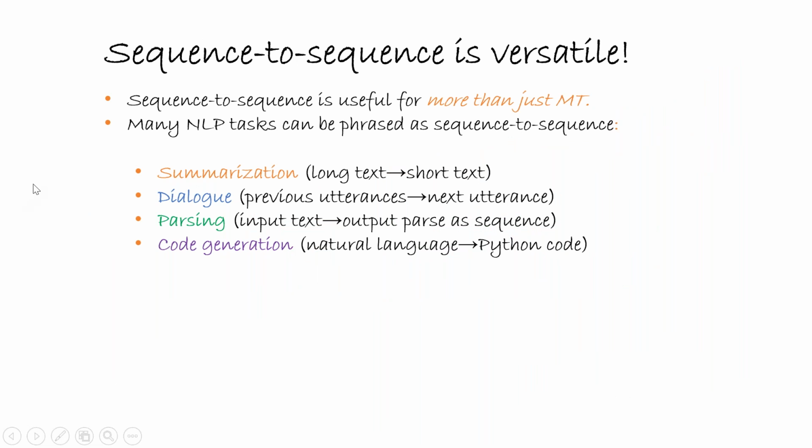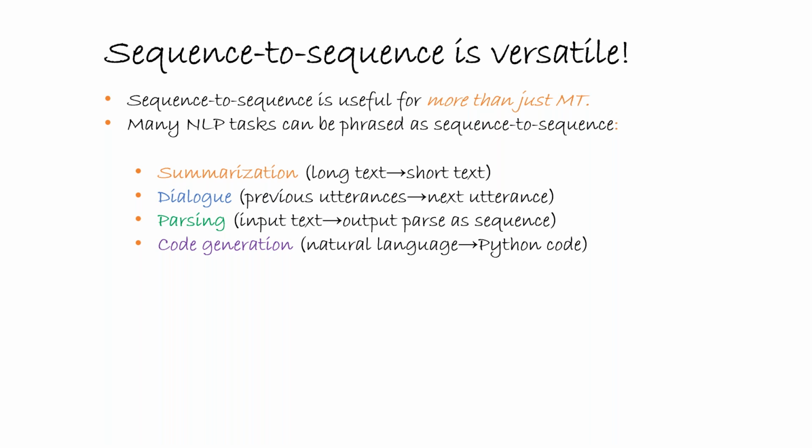So sequence to sequence is useful for more than just machine translation, and many NLP tasks can be phrased as sequence to sequence. We have a lot of applications with seq to seq models, like summarization. We call it text summarization, where we have a long sentence and want to predict the short text from it.